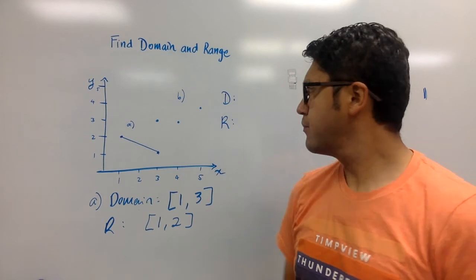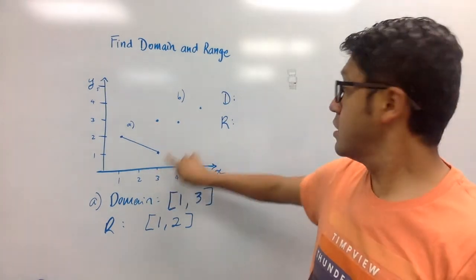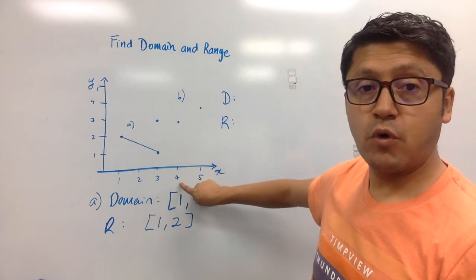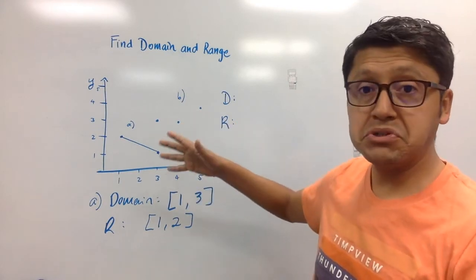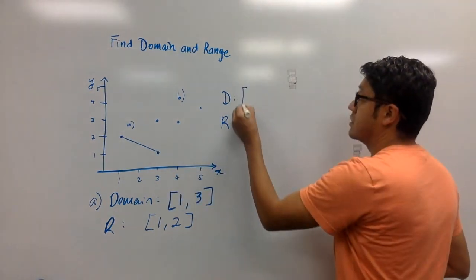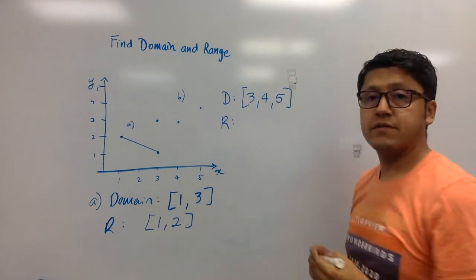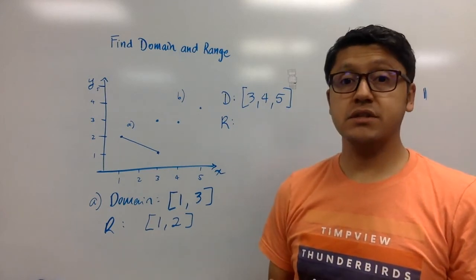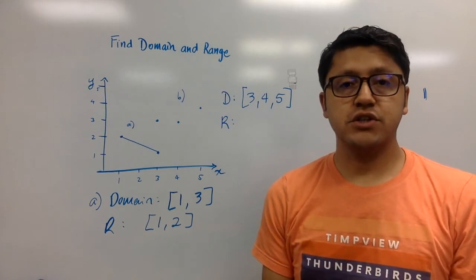Okay, simple. We're using, for this one, 3, for this one, 4, and for this one, 5. I'm going to make a list: 3, 4, and 5. That's the list of the numbers from the x value that the function is using.